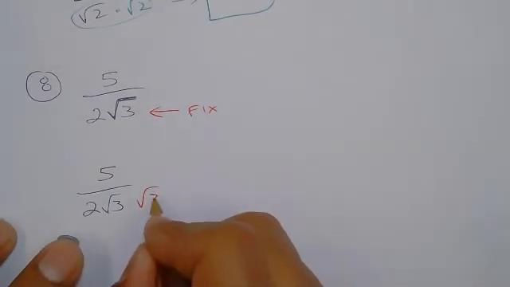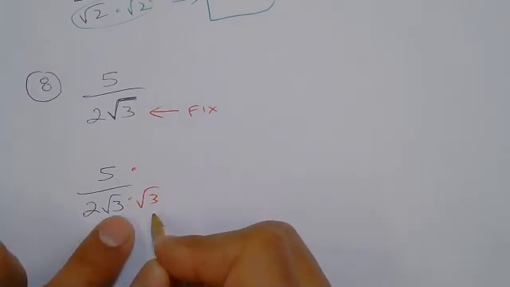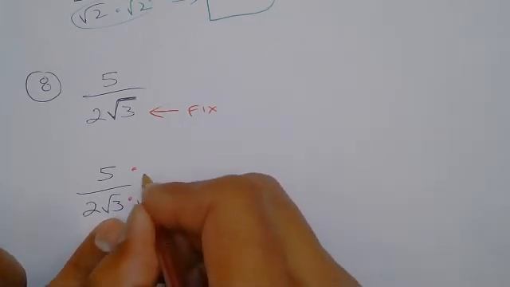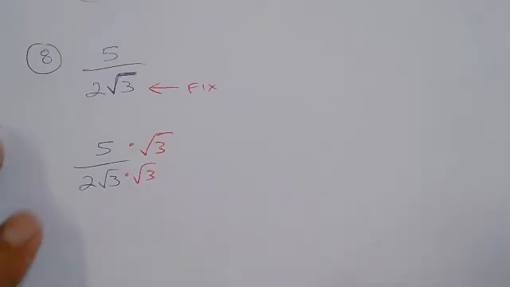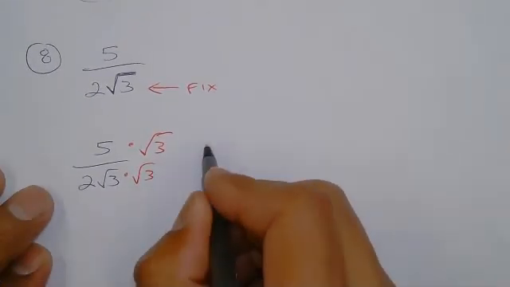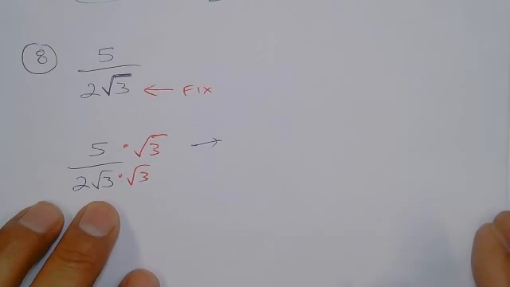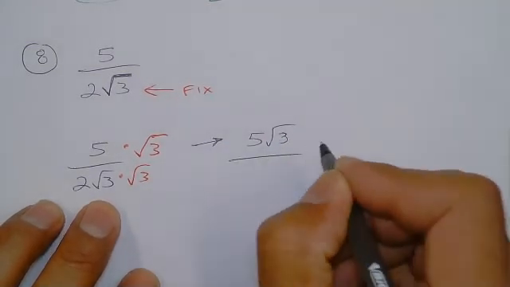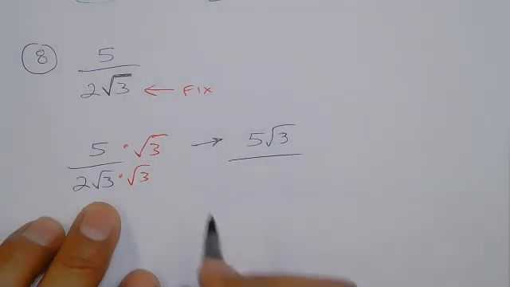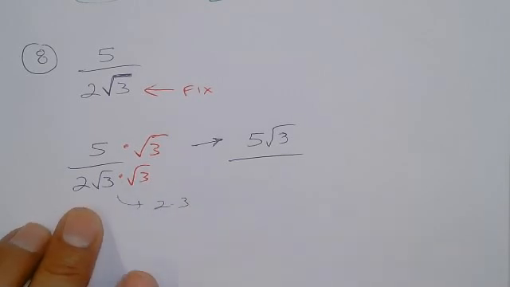I'm okay. I don't have a problem with the whole number 2. I don't have a problem with the 5. Just multiply by what? The radical. Correct. You don't have to multiply by 2 root 3. Just the part with the radical. Correct. So when you multiply top and bottom by just root 3, that's going to be what? 5 root 3 on the top. And on the bottom, what happens here?